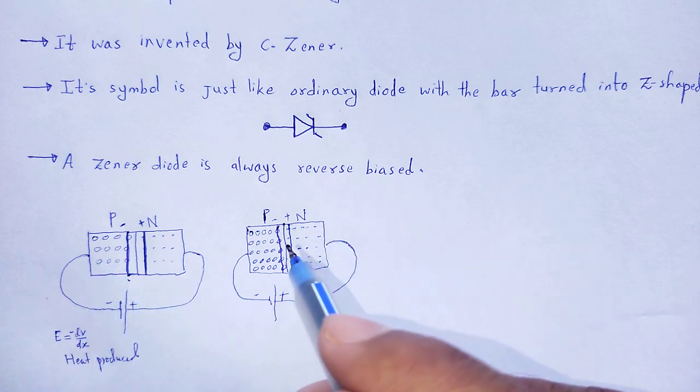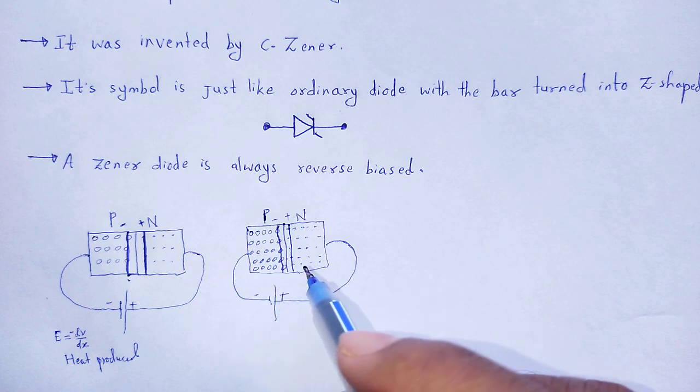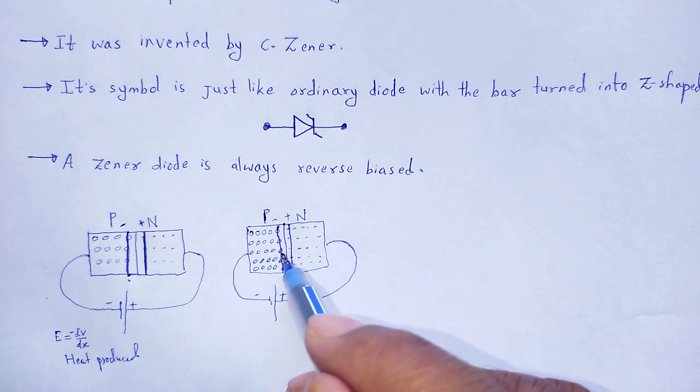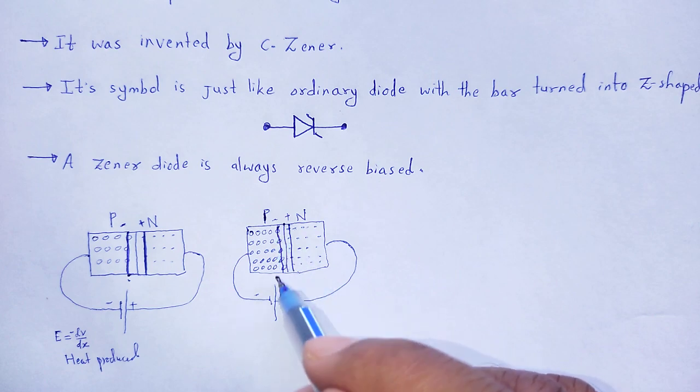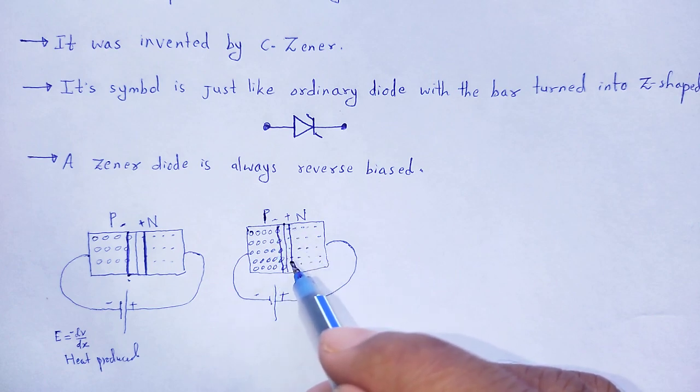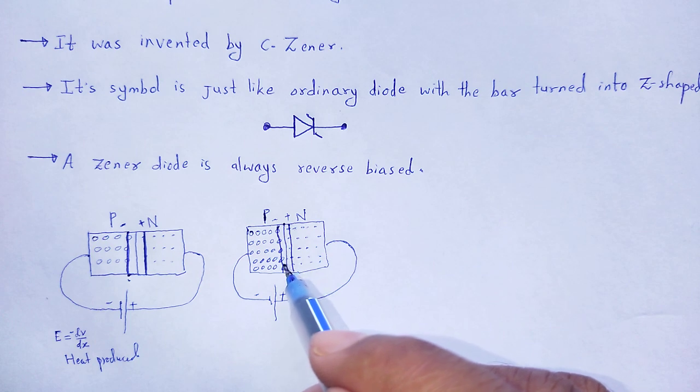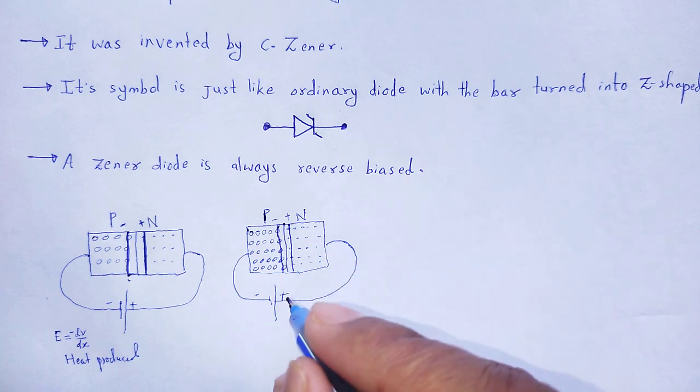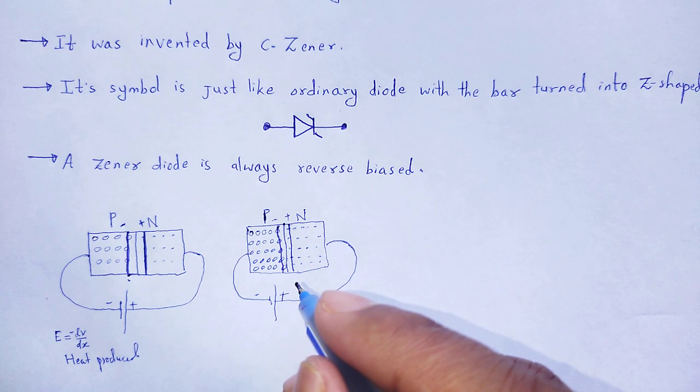But in case of Zener diode, the heat produced is in very small amount, and therefore it is restricted, and we obtain a safe instrument.